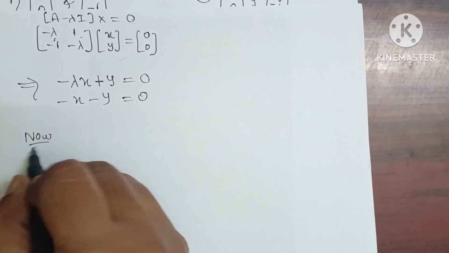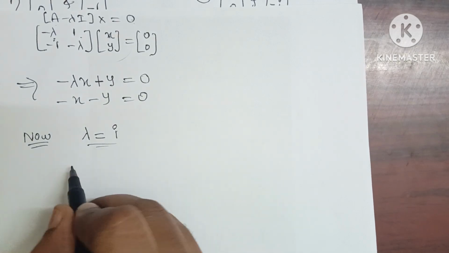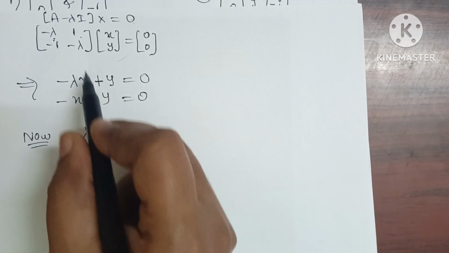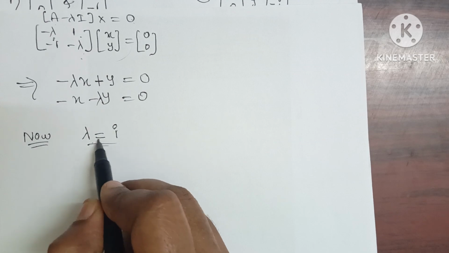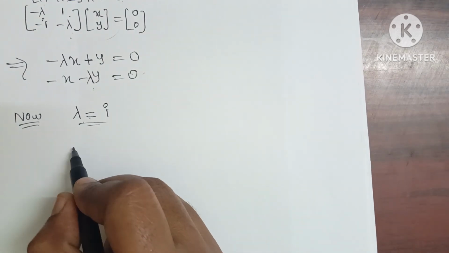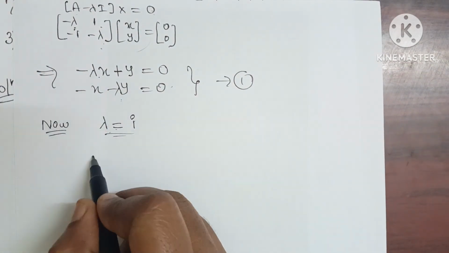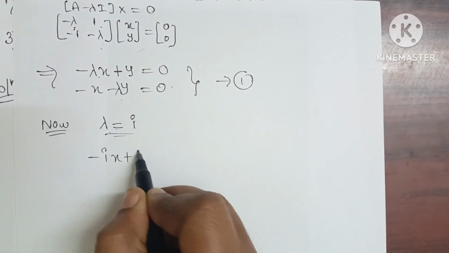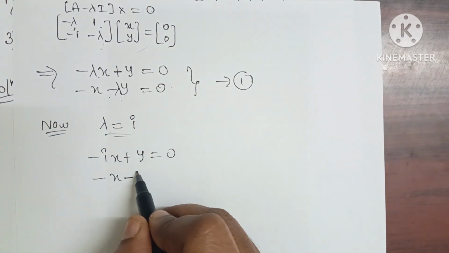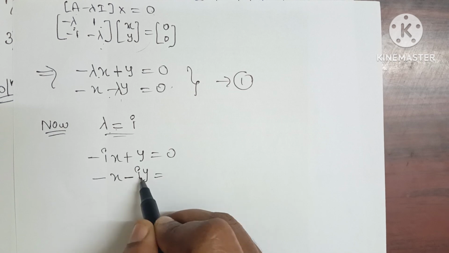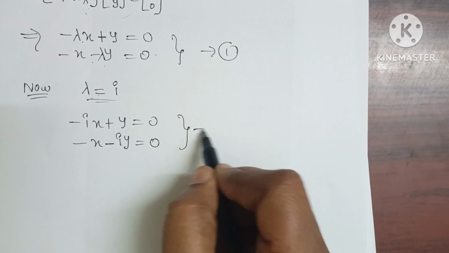Now for the eigenvector corresponding to lambda equals plus I, we simply substitute the lambda value in these equations, so that this system becomes minus I x plus y equals 0, and minus x minus I y equals 0. Consider any one of these equations, you will get the same result.